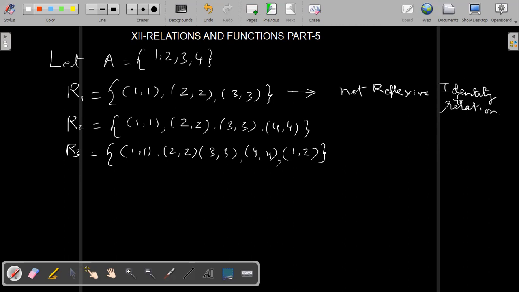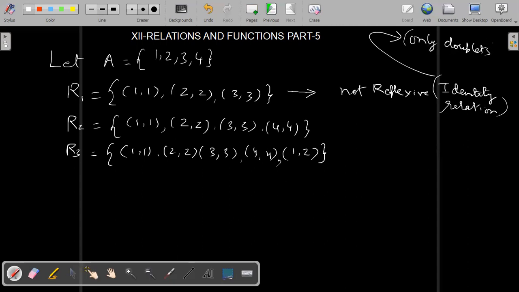So in an identity relation, only doublets should be there, no other pair.